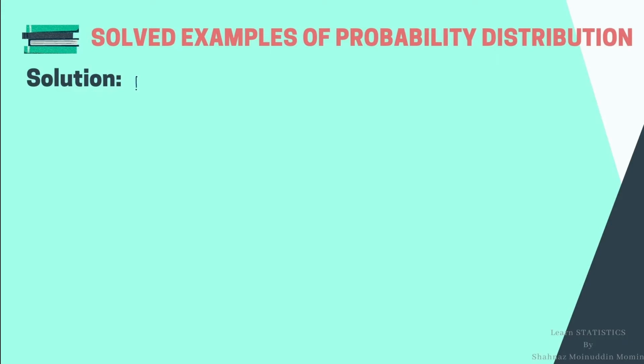Probability of 0 less than or equal to x less than or equal to 5.